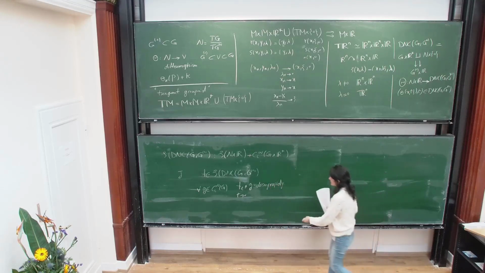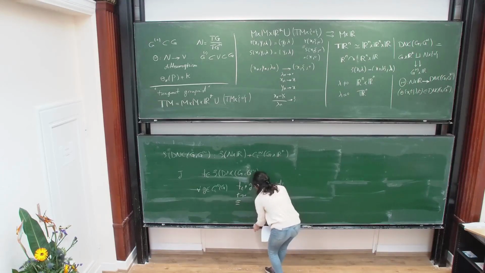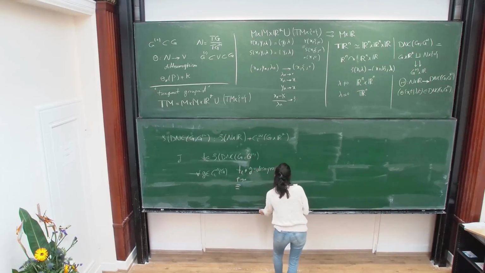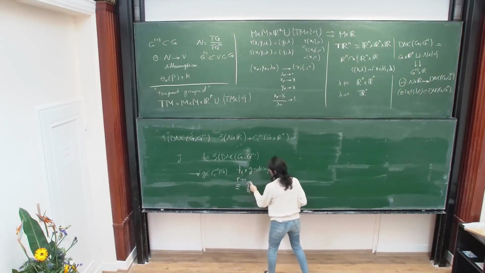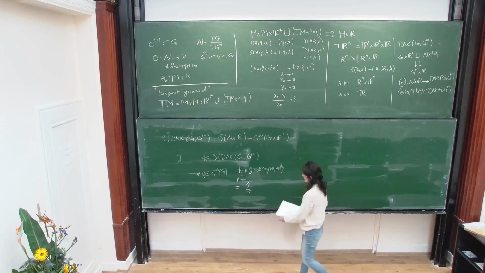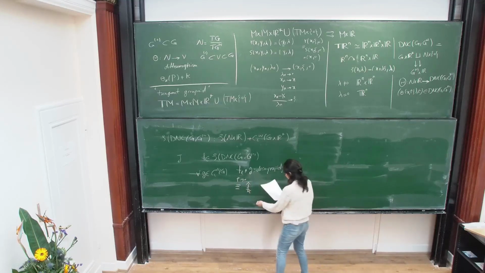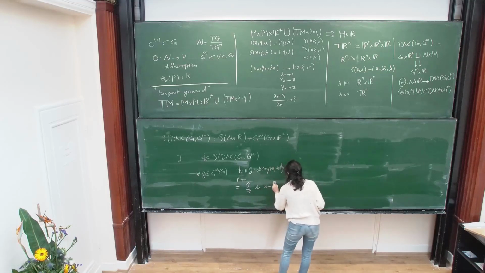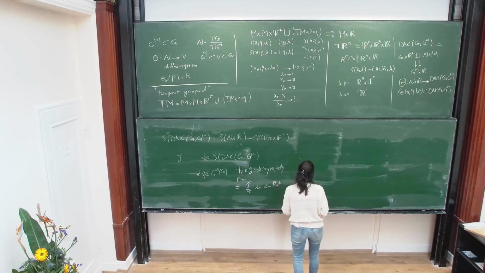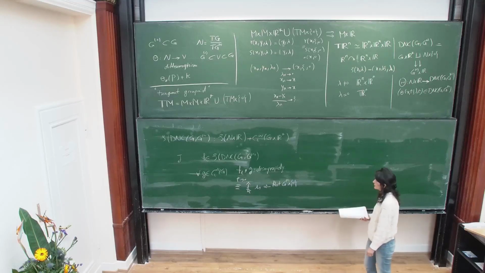And this is equivalent to saying that the function ft, when I take a Fourier transform of ft to obtain a function, ft hat is infinitely flat on G0 cross 0. So this is the definition of J.